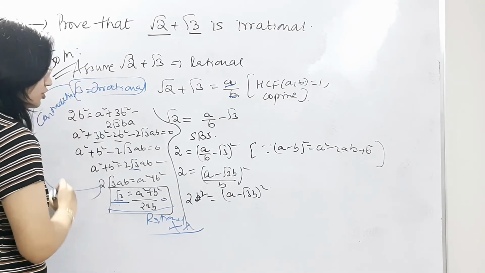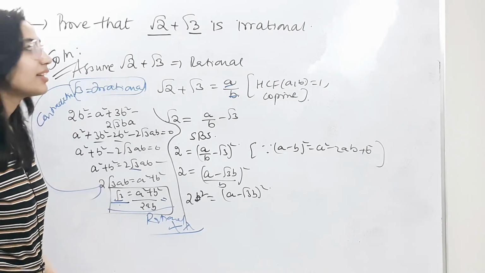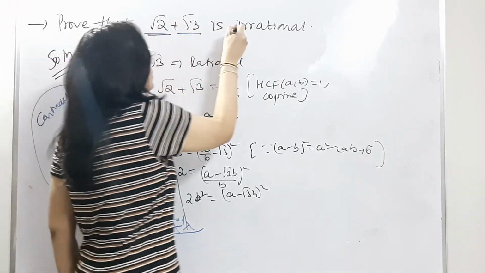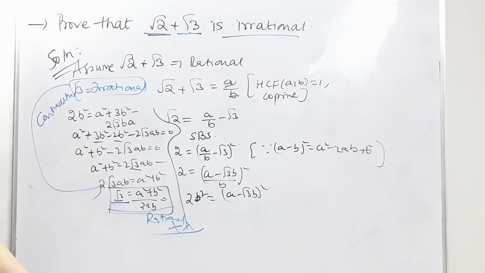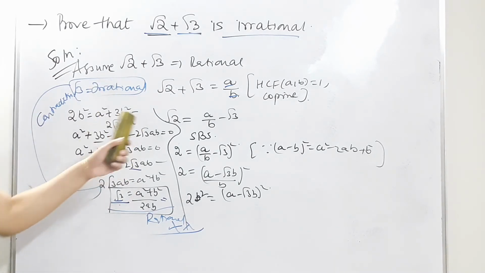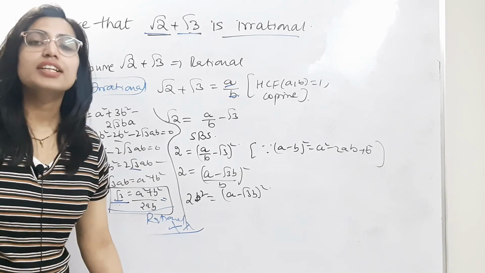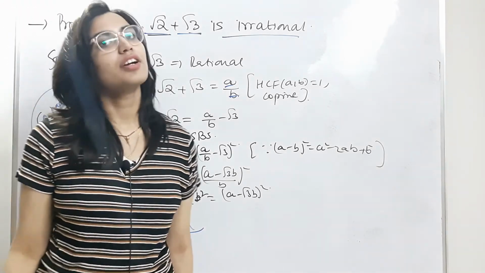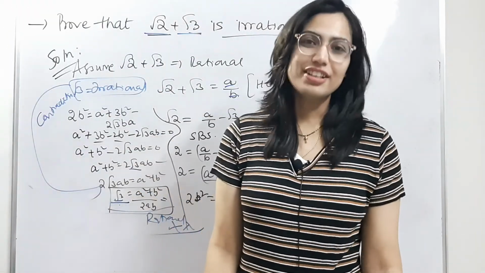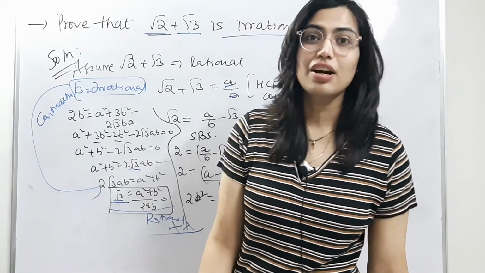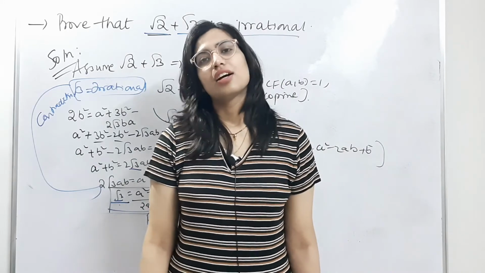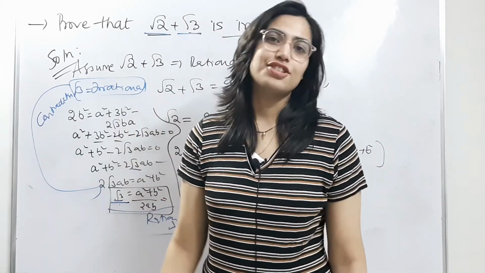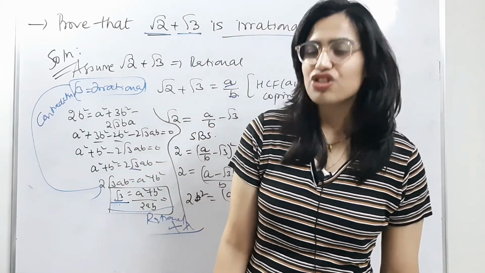So we can for sure say that root 2 plus root 3 is irrational, because we have disproved the opposite. Okay, this is how you prove whether a number is irrational or not. I hope you understood the concept of how irrationality and how to prove the irrationality of numbers, and also a small concept that I introduced in between, that is proof by contradiction.